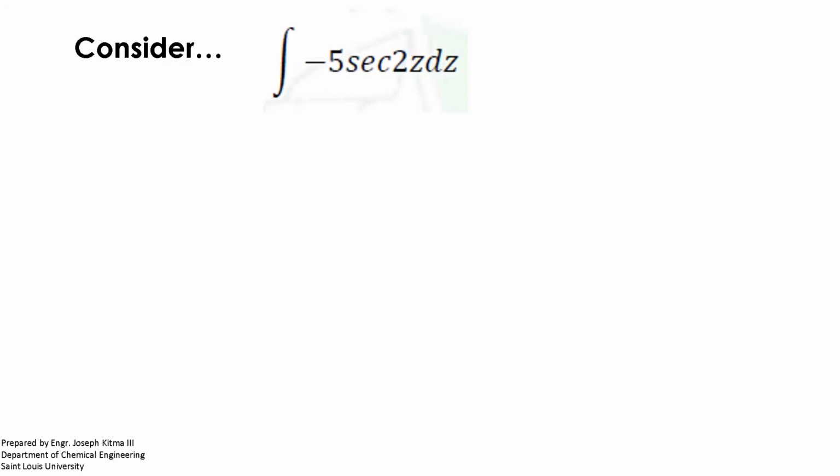If we consider another problem, which is the integral of negative 5 secant 2z dz. We already derived the formula for the integral of secant u du. For this case, the angle is 2z. If we take the differential of 2z, that is equivalent to 2 dz. So we have to introduce 2 into the integrand, and the correcting factor, which is 1/2, must be placed before the integral sign.